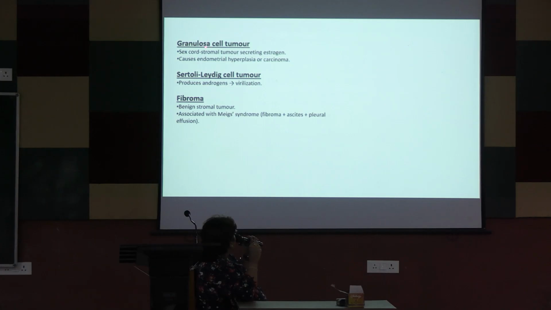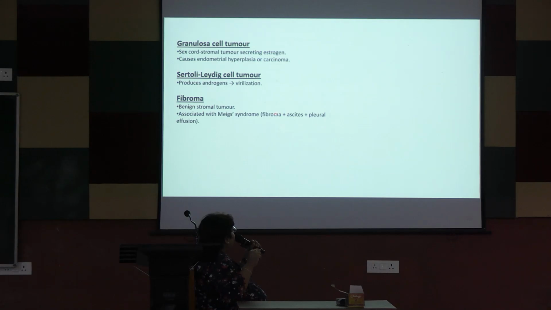Granulosa cell tumors are sex cord-stromal tumors. They secrete estrogen. They will cause hyperestrogenemia, and it will cause endometrial hyperplasia or endometrial carcinoma due to raised estrogen levels. Sertoli-Leydig cell tumor produces androgens, and this will cause virilization in females. Fibroma is also a benign stromal tumor, but it is associated with a syndrome called Meigs syndrome.